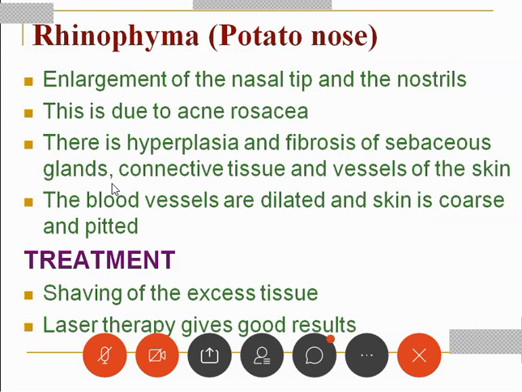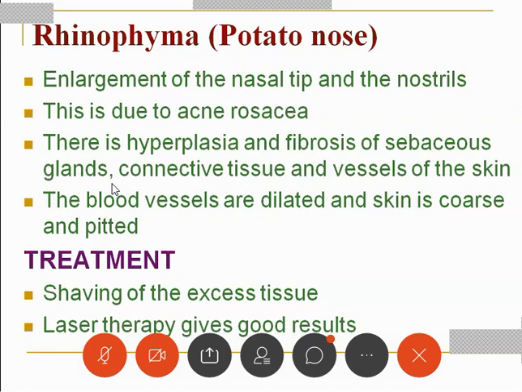Then comes another important disease of the external nose, that is rhinophyma. I think you should remember our neighboring state's CM, KCR, the Telangana CM. Rhinophyma is an enlargement of the nasal tip and the nostrils.